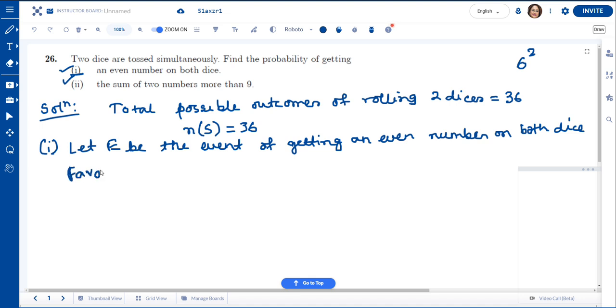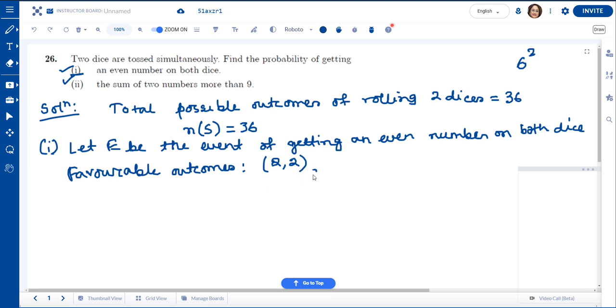Let us write the favorable outcomes. When we roll the dice, both numbers will be even. So what are the outcomes? That is 2, 2. Because 1 is odd, we can completely skip that, so we start from 2.